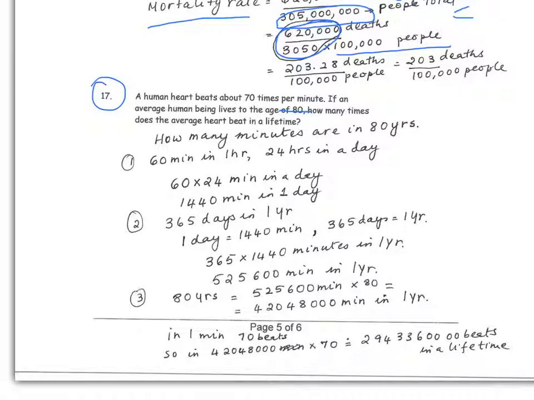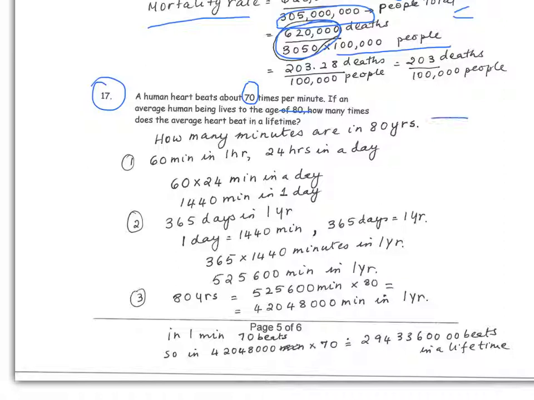So we need to calculate how many minutes are in a lifetime. If we can figure out the number of minutes in a lifetime, we just multiply that by 70, because every minute the heart beats 70 times, and by multiplying with 70, we get the total number of times that the heart beats in a lifetime.